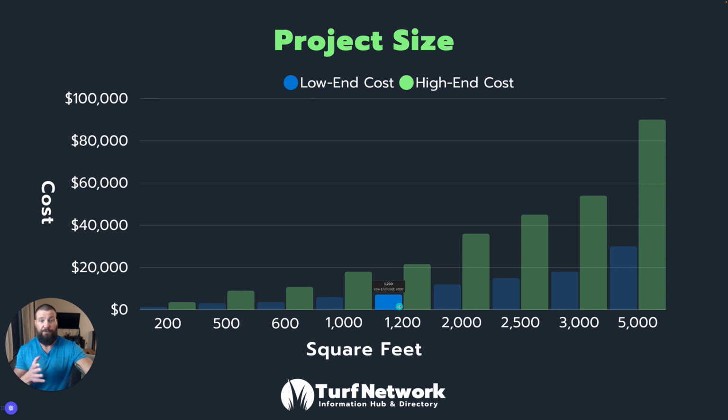I'm not going to go through each one of these, but 1,200 square feet, you're looking on the low end at about $7,200, and the high end as much as $21,600. And up to a 5,000 square foot installation, the low end being around $30,000 and the high end being about $90,000.